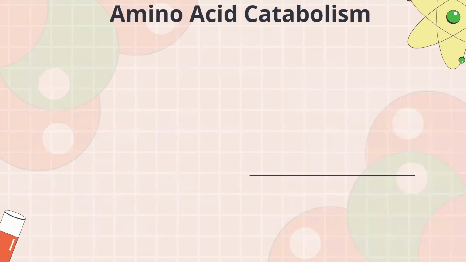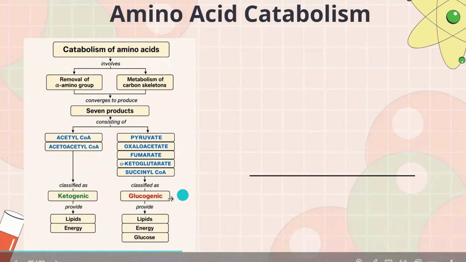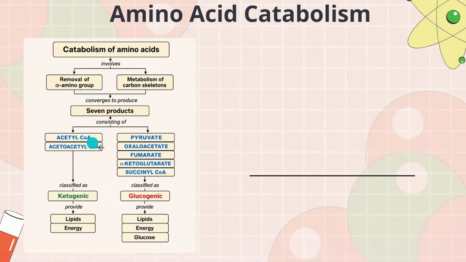Now for amino acid catabolism, we first have to understand this picture. We talked about the removal of the amino group and the metabolism of these compounds, which eventually produces 7 products, either ketogenic or glucogenic, as we discussed. The ketogenic products are acetyl-CoA and acetoacetyl-CoA, which are similar as they both begin with acetyl.